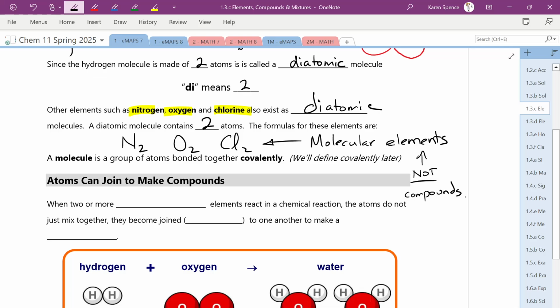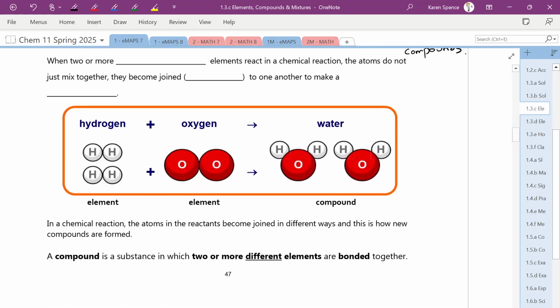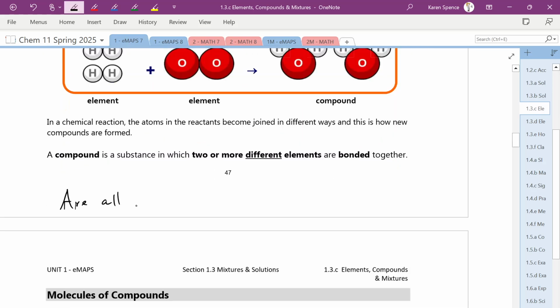But now we're going to look at compounds. So you can have molecules that are elements. You can have molecules that are compounds. So if I were to ask you, are all molecules compounds? The answer is no. Why? Tell your neighbor.